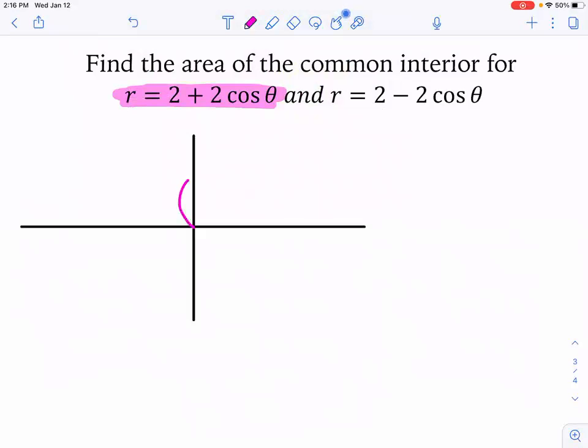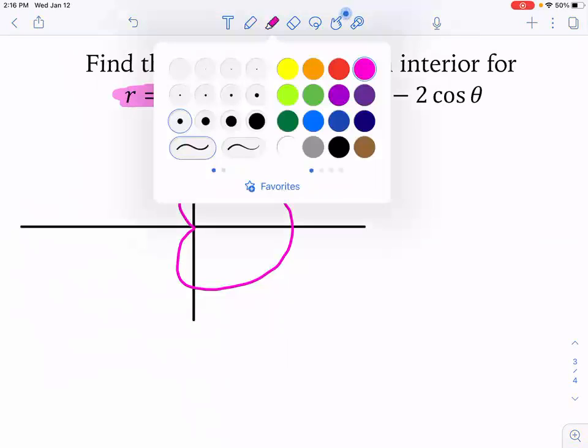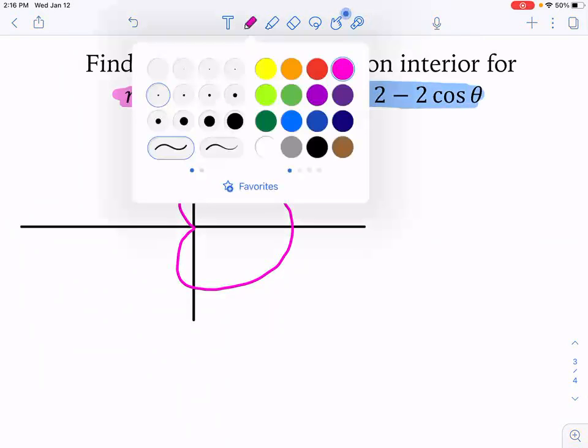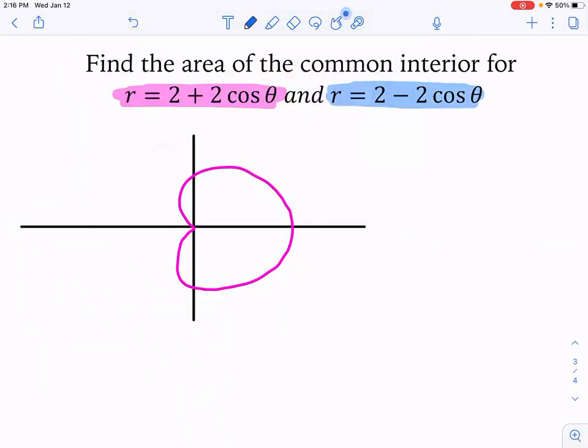Okay. That's good enough. All right. This one, Grace, what is the one I highlighted in blue? But which way does it open?